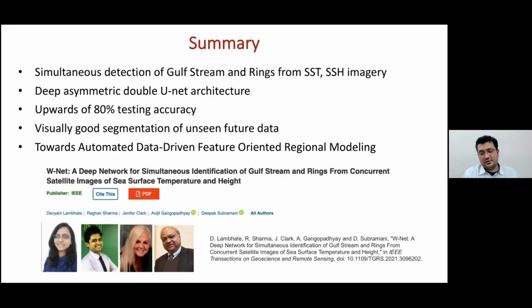We have upwards of 80% testing accuracy in whatever we see, and visually good segmentation for unseen data that the network has not seen. So the idea for us is to use this for automated feature detection, and once the Gulf Stream's position and the rings are known, we'll feed that into a PD model, right? So an ocean model, an operational ocean forecasting system, an ensemble model that runs, and use that to make predictions into the future, right? So that's the idea.